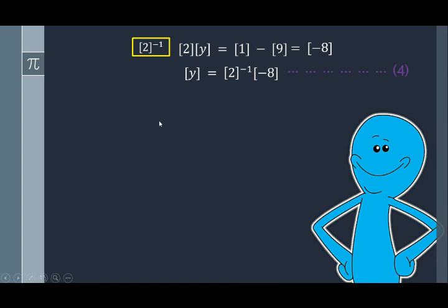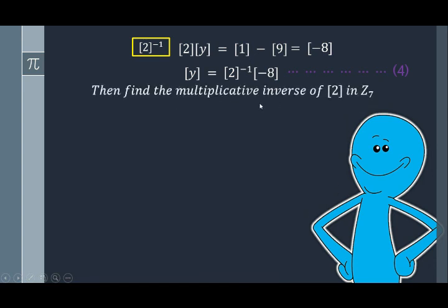I can then find the multiplicative inverse of 2 in modulo 7 by simply dividing 7 by 2 and finding its remainder. So I know that 2 goes 3 times into 7 and the remainder is 1. Once I find the remainder of 1, I can stop and just make 3 × 2 the subject of this equation.